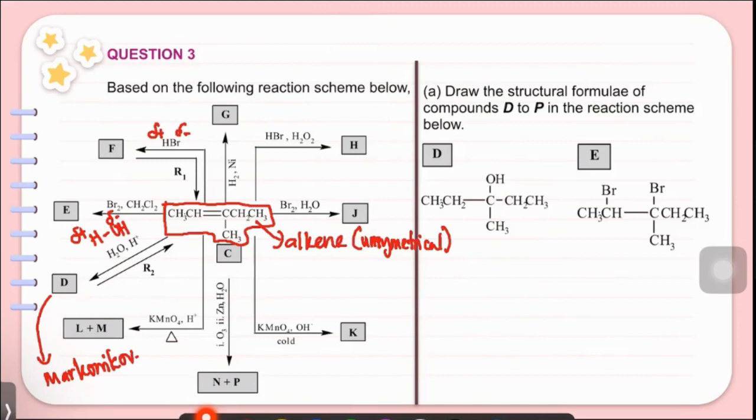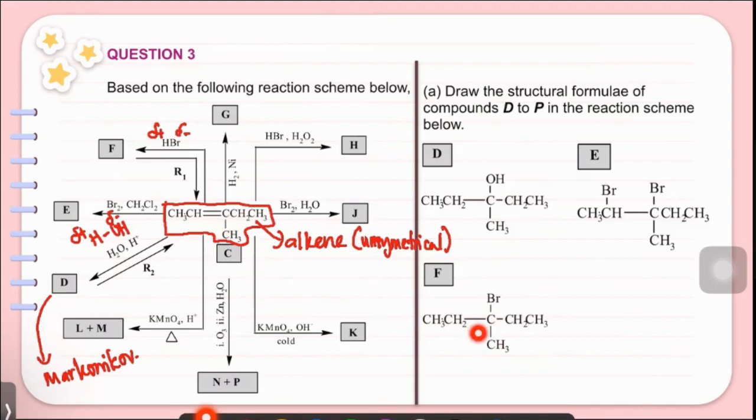So the region more electropositive H will attach to the C double bond C that has a greater number of hydrogen. So suggestion answer for F is like this. Hydrogen will attach here while Br will attach to another C double bond C. Okay, so double bond become single bond.